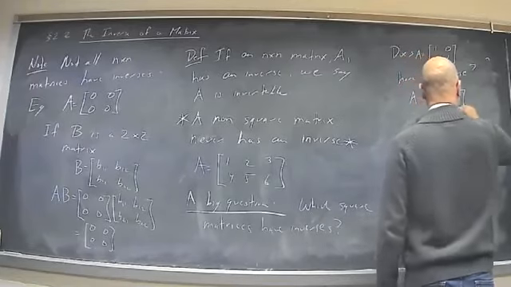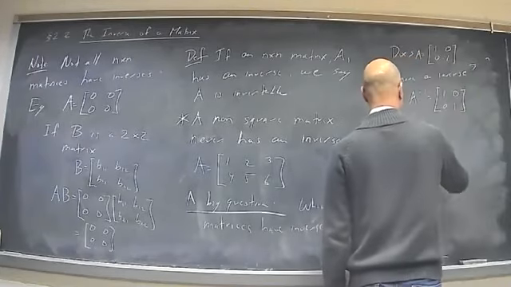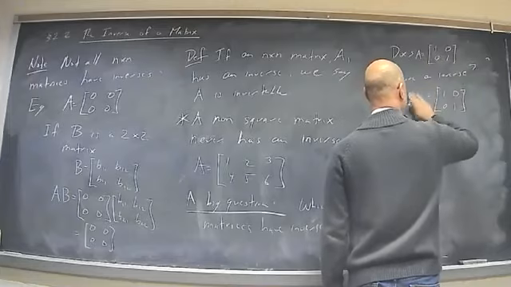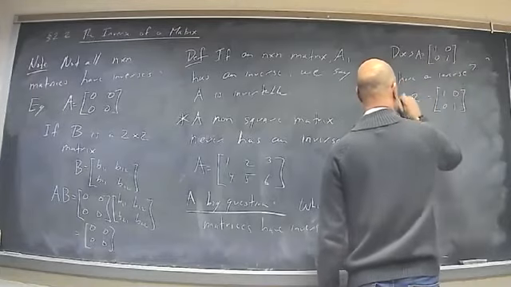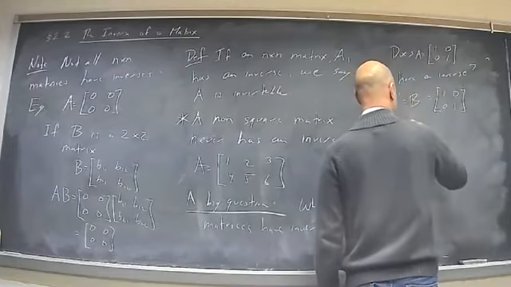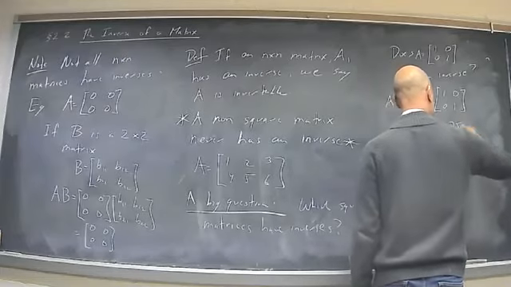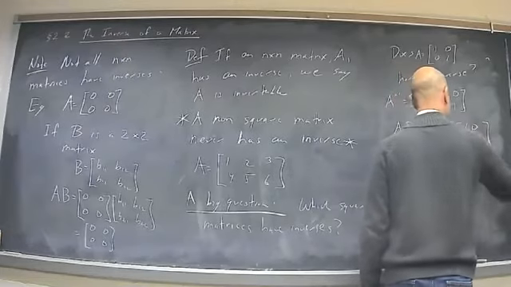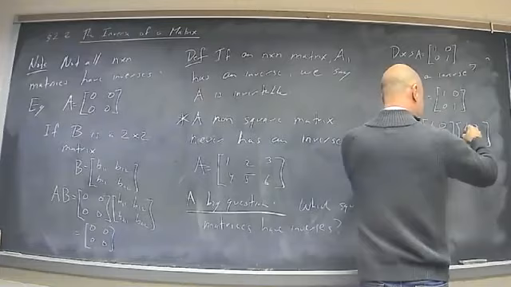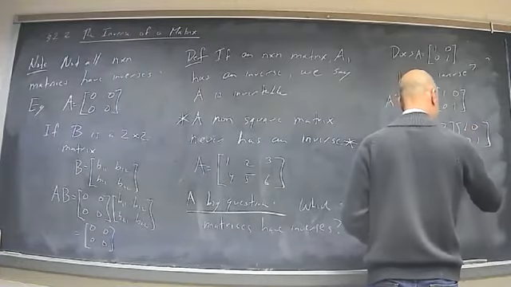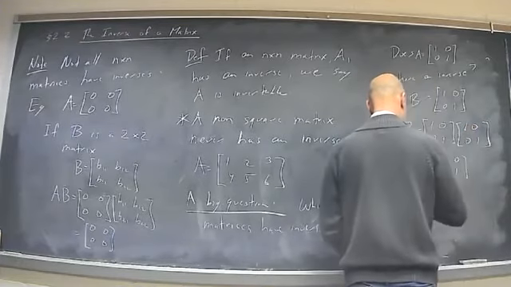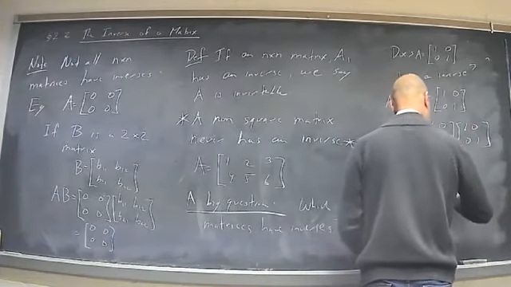If this is the original matrix, then A inverse is the same matrix, 1, 0, 0, 1. Let me call this B right now. If I multiply A times B, then 1, 0, 0, 1 times 1, 0, 0, 1, you end up with 1, 0, 0, 1. And B times A is also going to give you 1, 0, 0, 1.